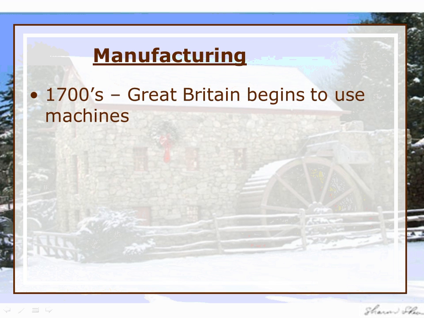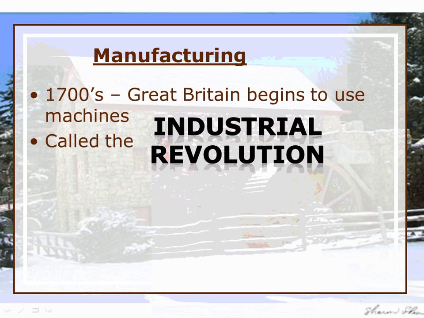It was a drastic change, and that was called, correct, the Industrial Revolution. It was a revolution, just like there was a revolution in Russia, where they had a drastic change. In the Middle East, we talked about a revolution in Iran that was a drastic change. Here, the Industrial Revolution was a drastic change in how things were made.